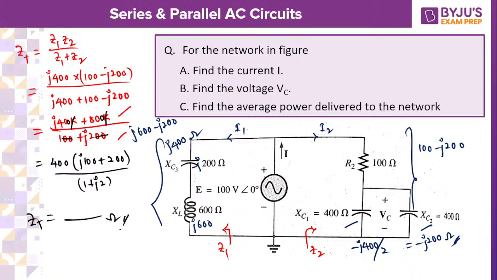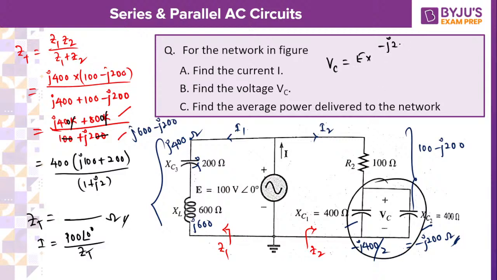Once you get the total impedance, you can calculate I. I is equal to 100 at an angle 0 divided by the total impedance. Then, can't you calculate using the voltage division rule? VC is equal to total voltage into this reactance, and be careful, this reactance is minus J200, divided by the total impedance, that is 100 minus J200.